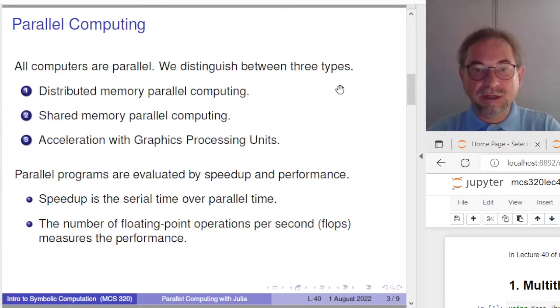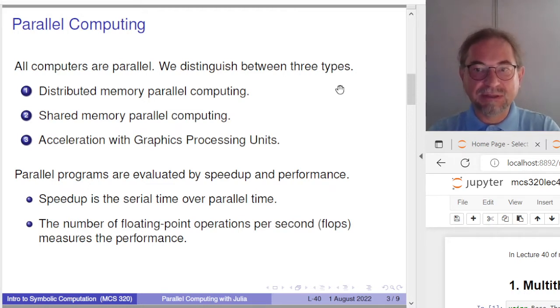Now, does it work? There are two things one needs to consider when evaluating parallel programs. The first is that one measures the time, and typically this is the elapsed wall clock time.